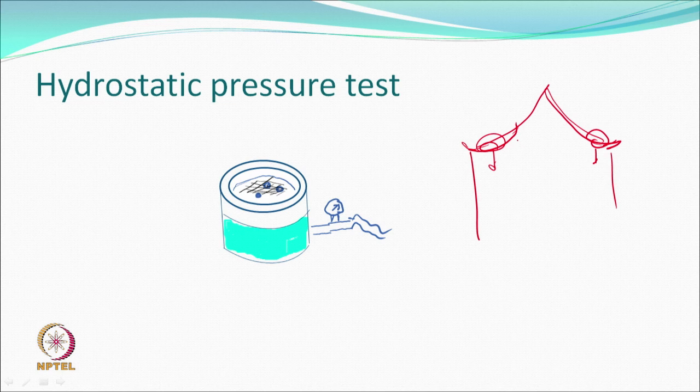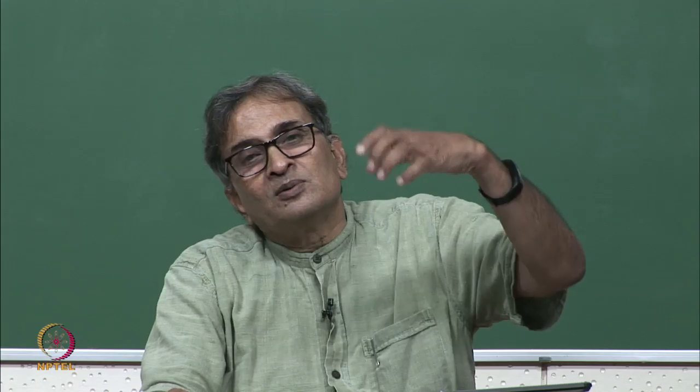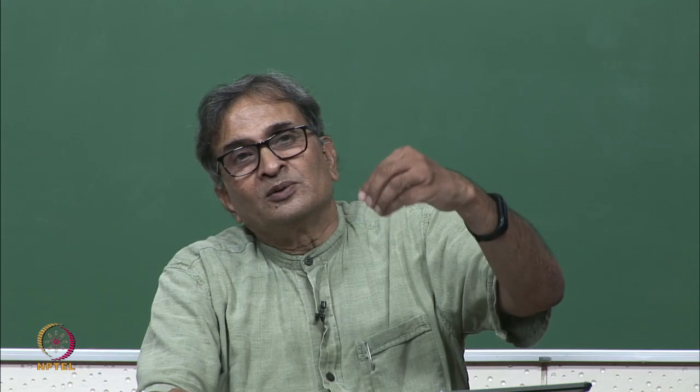So, under some amount of hydrostatic pressure, we would like to see how much water penetrates, or we increase the pressure by any motorized system and then see what happens.